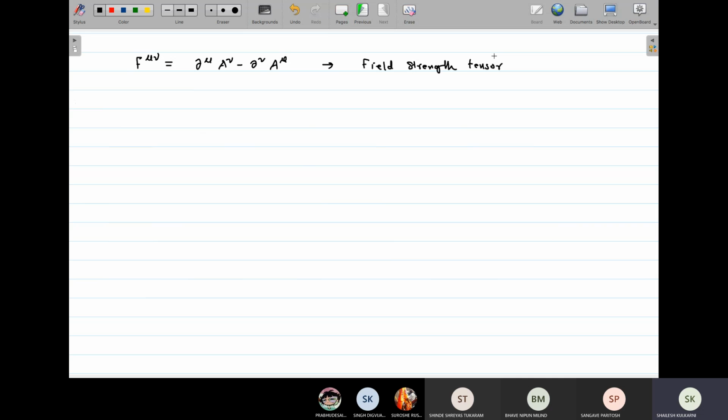Basically, you are accounting for the electric and magnetic field through this field strength tensor. The advantage of working with this is that, as the name suggests, it transforms as a 4-tensor under Lorentz transformation, while electric and magnetic fields do not.